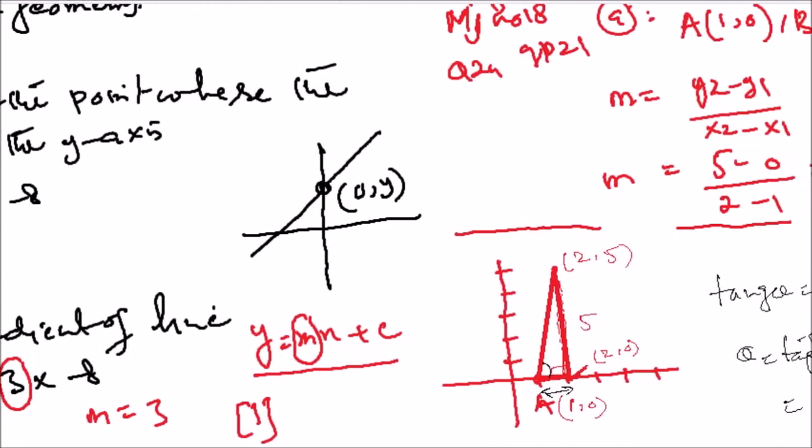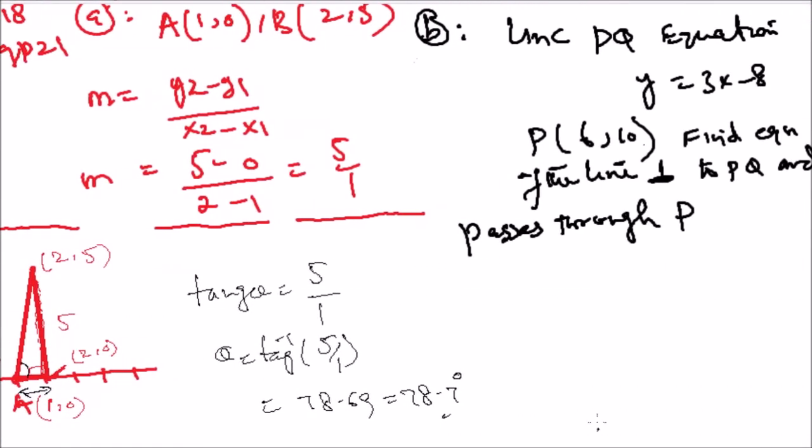No, sorry, we don't need the previous part. It is already given here. Line PQ has equation this one, and there's another line perpendicular to PQ.